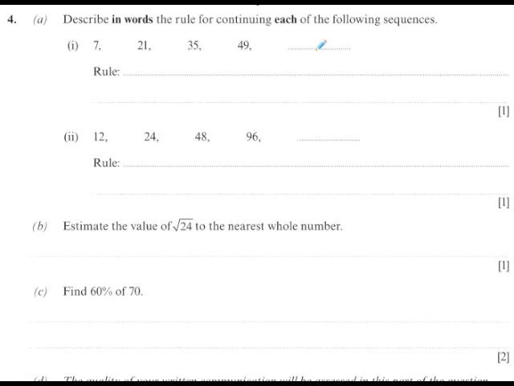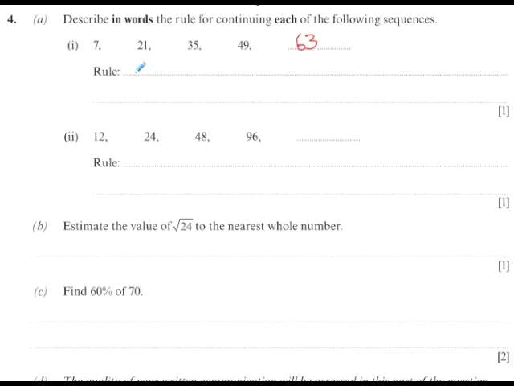Now, when they've got little lines like this, I'm assuming they actually want you to put in the next number, so there's no harm in doing that. 14 plus 49 is 63, so let's write that in.